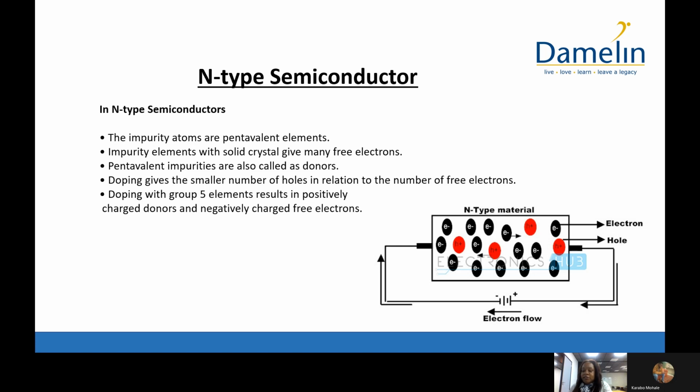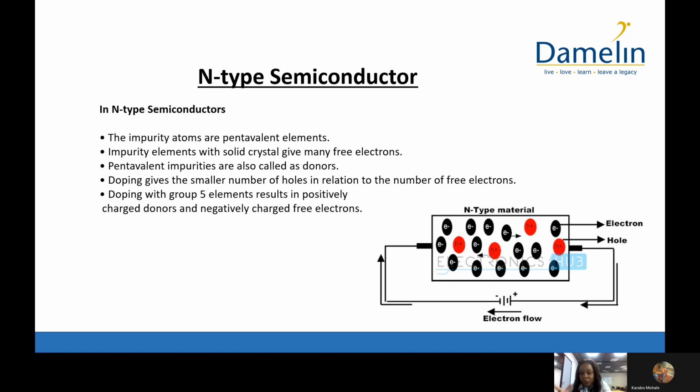A pentavalent element is basically an element that has 5 valence electrons on the outermost shell. So they add that material and they put it with the pure semiconductor material. Silicon is one example, and germanium is another example of a semiconductor. So they're basically combining those two materials together.